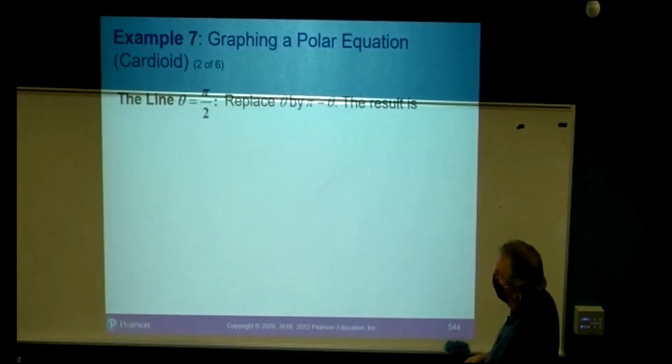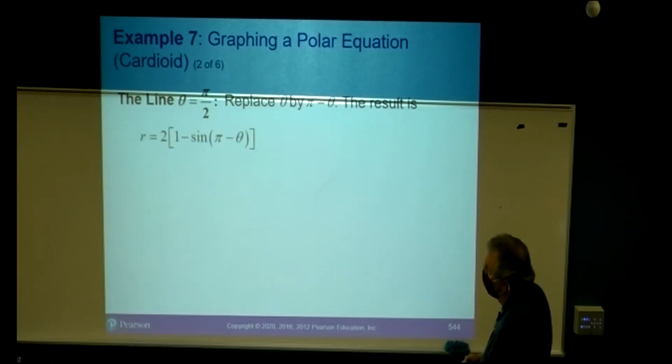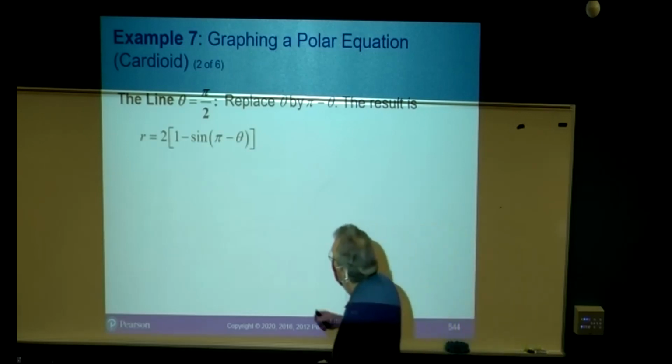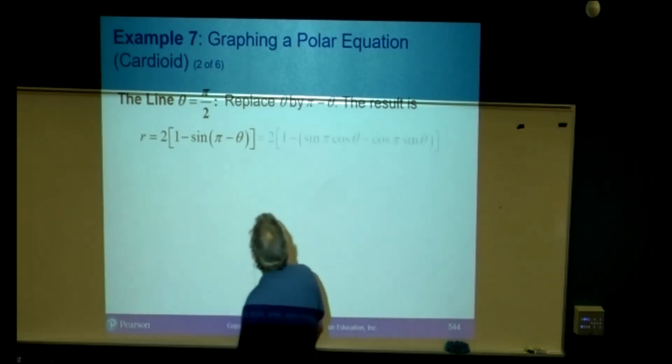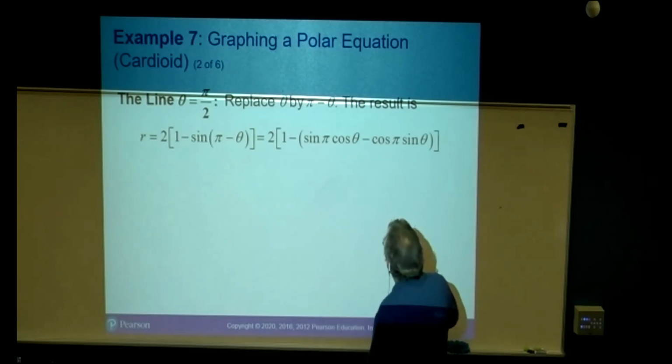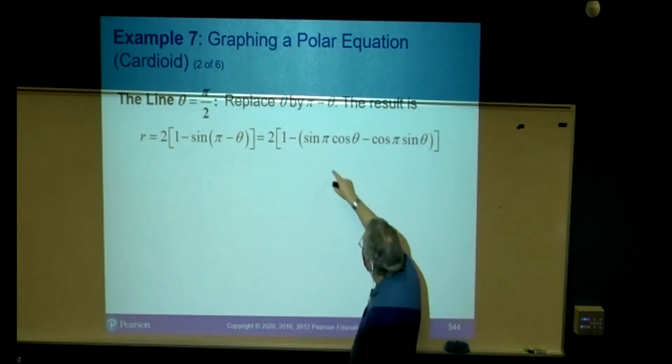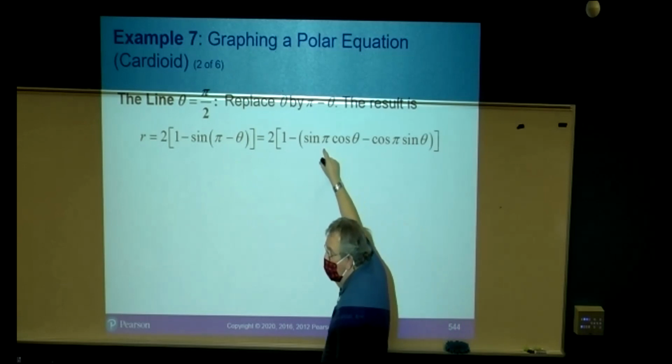Now, to determine if it was symmetric with pi over 2, you replace theta with pi minus theta, and you do the difference formula for sine. Sine of pi is 0, so this term goes away.